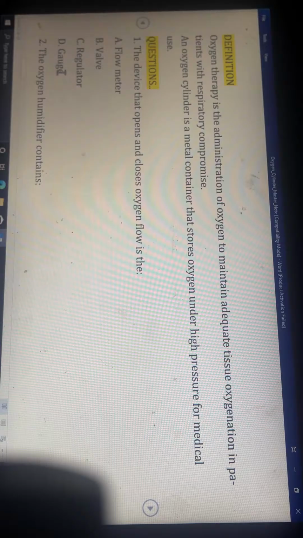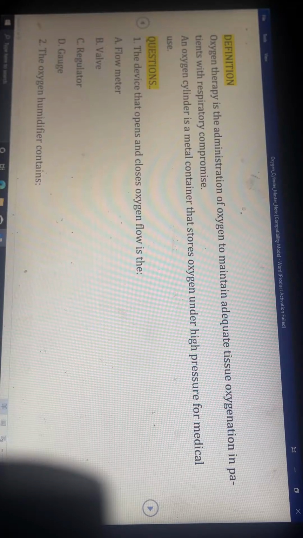So the right answer is what? If you choose flow meter, you are wrong. If you choose the regulator, you are wrong. If you choose the gauge, you are wrong. The answer is what? The cylinder valve. It opens and closes oxygen flow.